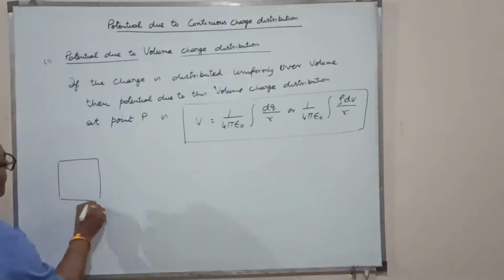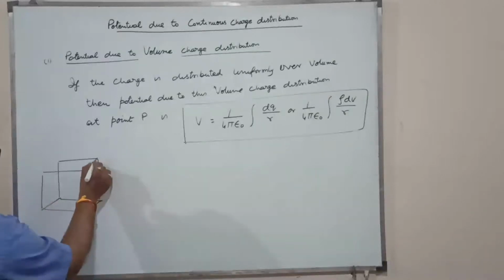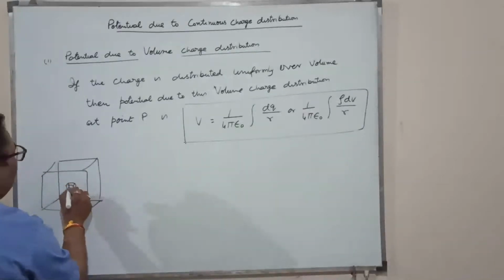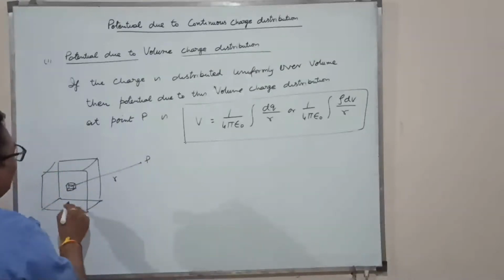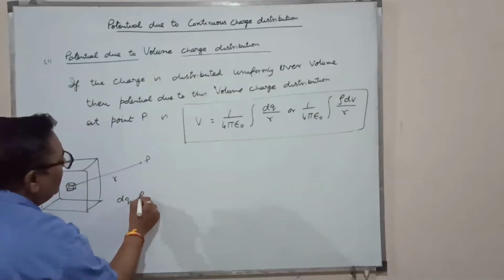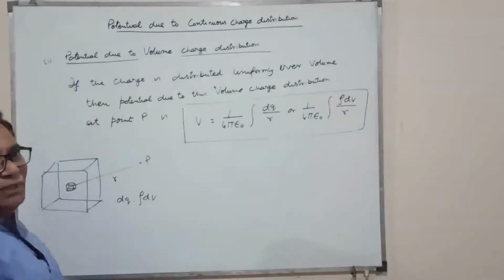This is a small volume dV, and this is the point P at distance r. The small charge dq is equal to rho dV, and the expression is rho dV upon r.